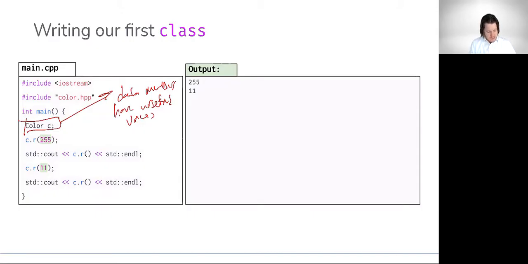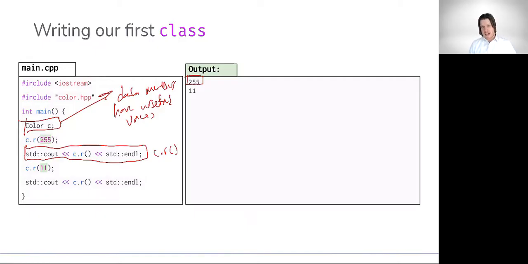To do that, remember, I can't access those data members directly. Instead, I would use the accessor to view their state. We do that by simply writing C.R. Notice here the output is indeed 255. Let's say later on I'd like to update this object's R value. I could use my mutator again, this time passing in the value 11.